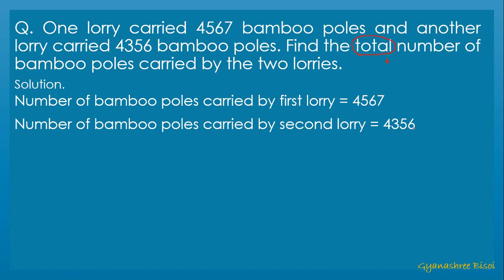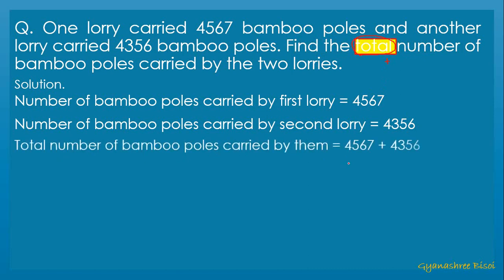So, we will add these two numbers. Total number of bamboo poles carried by them equals to 4,567 plus 4,356. Draw a line. Write the places ones, tens, hundreds and thousands. Then put the number digits at its correct place.